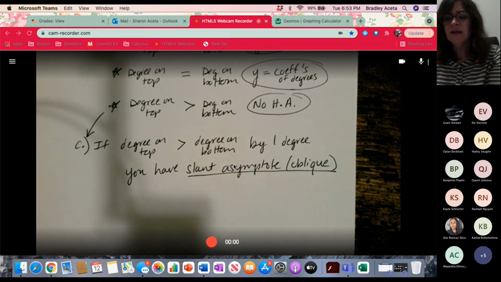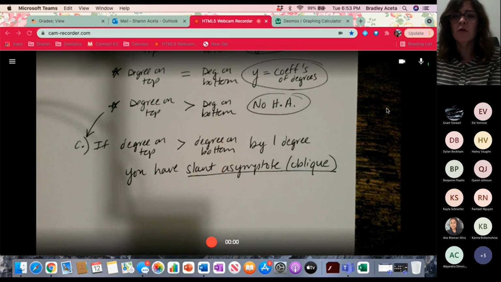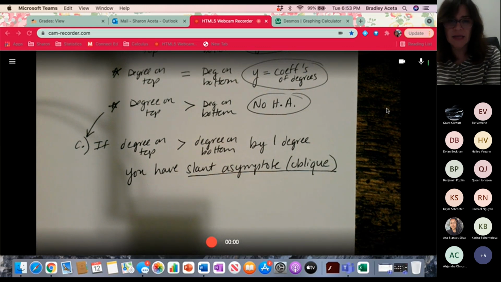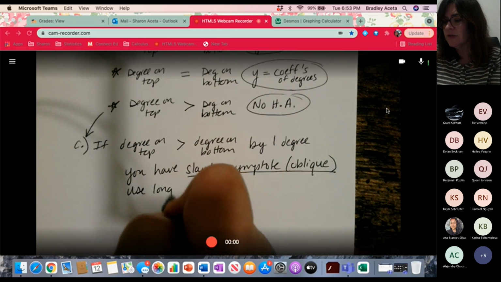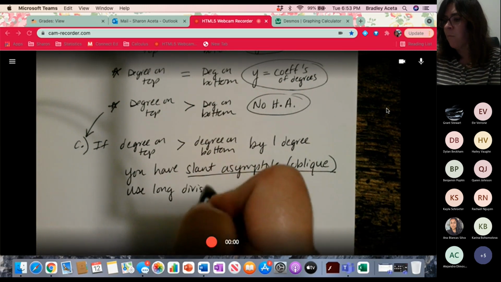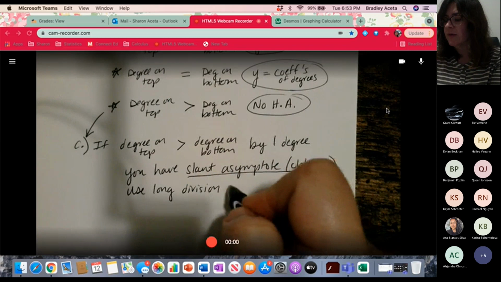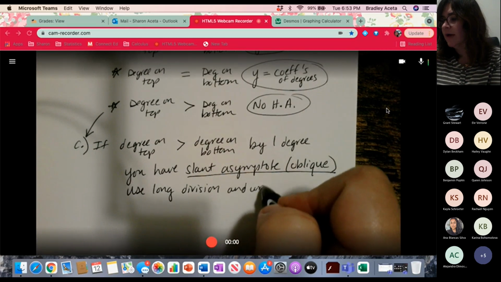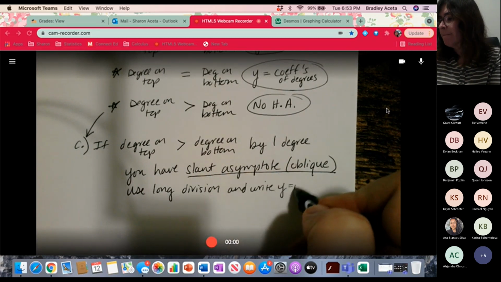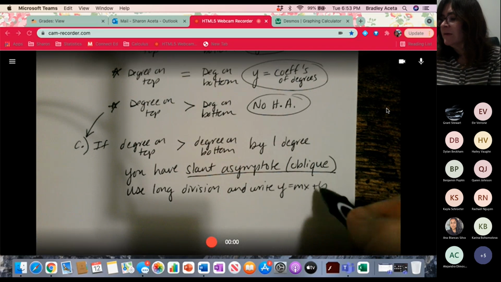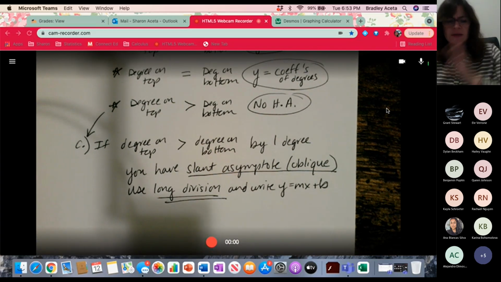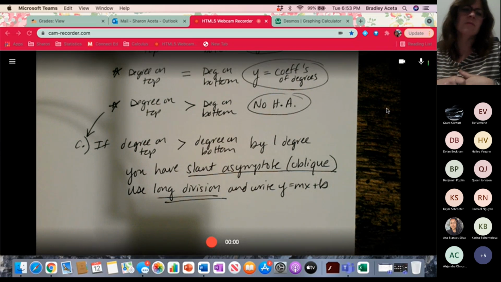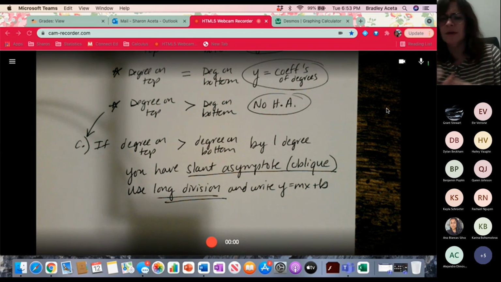And to find the equation for that slant asymptote, you have to use long division and write it as y equals mx plus b. It's not that hard. I know this seems like a lot, but honestly, when you see us do the problems, they all come out pretty neat.